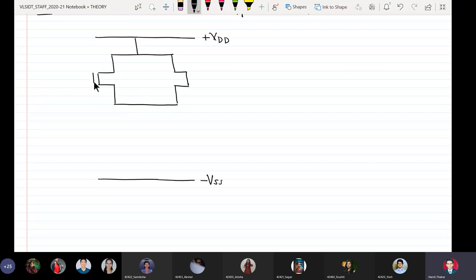Pull-up network: P1 parallel P2, pull-down network.